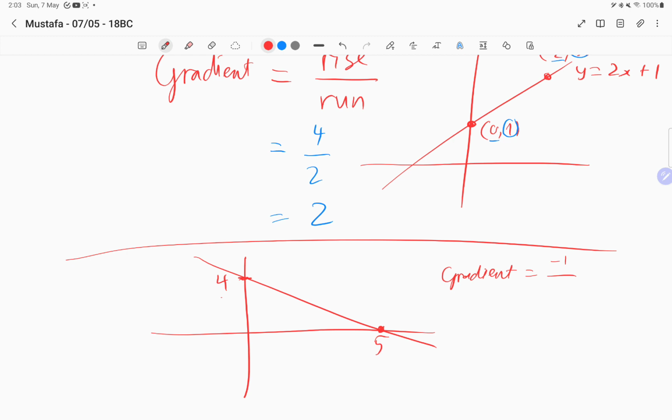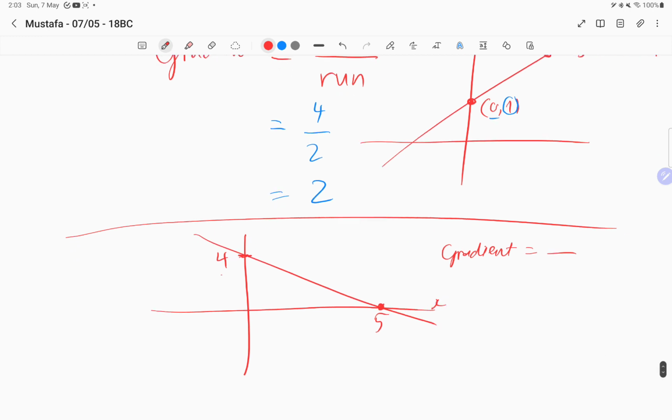There's no run yet. There is a rise and a run, so be very careful. This is the x-axis, that's the y-axis. When you're talking about rise, it's the y value from one point to the y value of another point, so you're looking along the y-axis. I tricked you a little bit by putting this value as 5. The tick mark on the number line is 5, but it's on the x-axis.